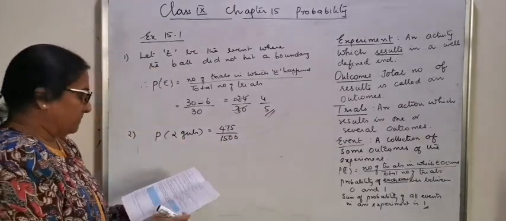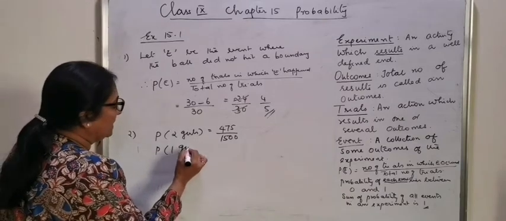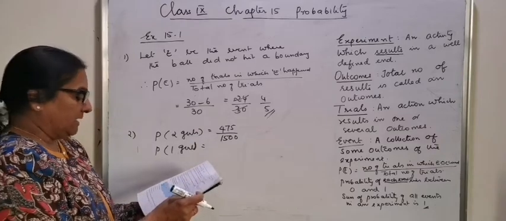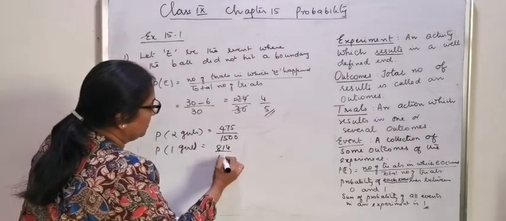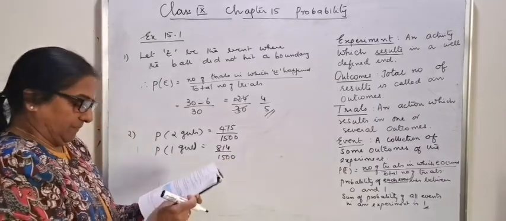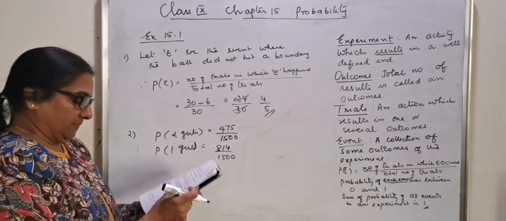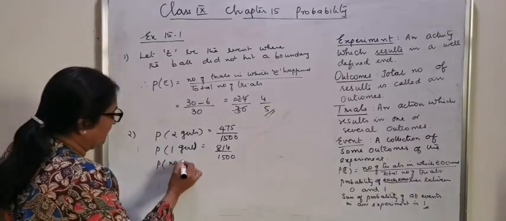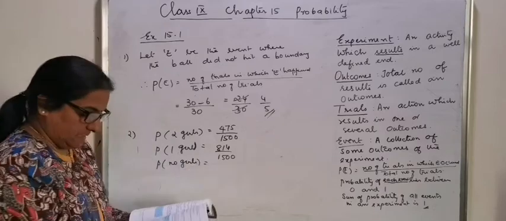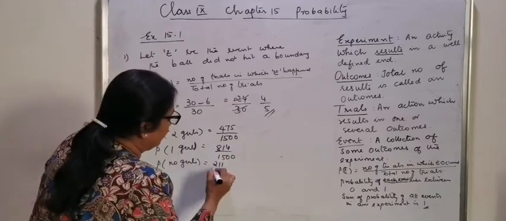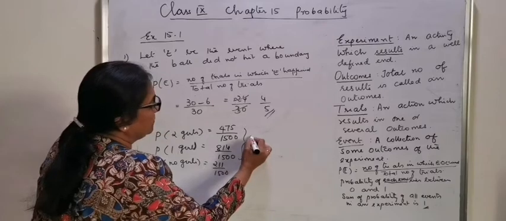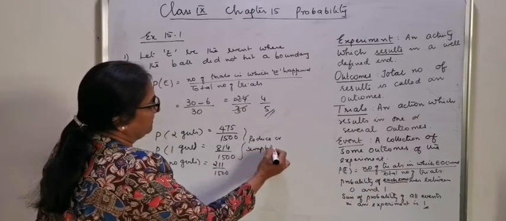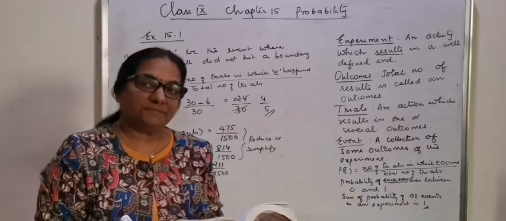Then the second one, probability of 1 girl is equal to 814 by 1,500, and the probability of no girl, or 0 girls, is the same as 211 by 1,500. Both of these, reduce or simplify to the lowest terms.